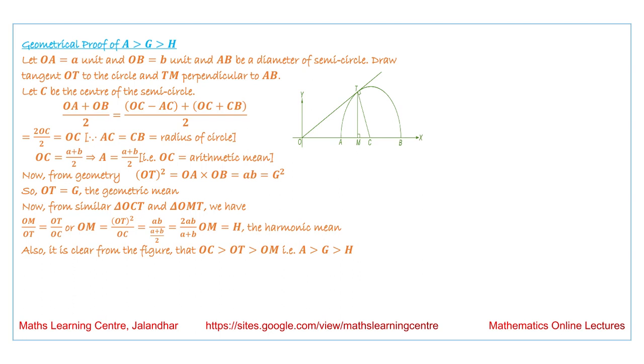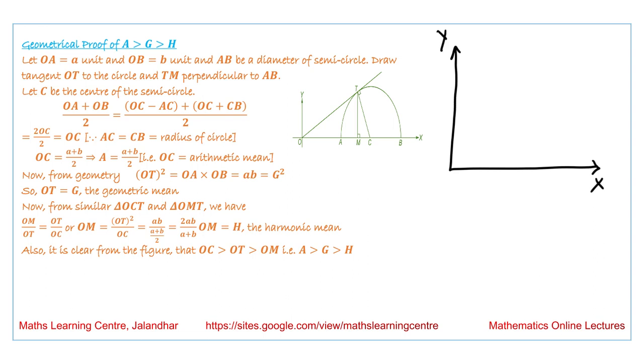Next is the geometrical proof of the fact that the arithmetic mean is greater than the geometric mean, which is greater than the harmonic mean. Suppose we are plotting: this is the x-axis, this is the y-axis.